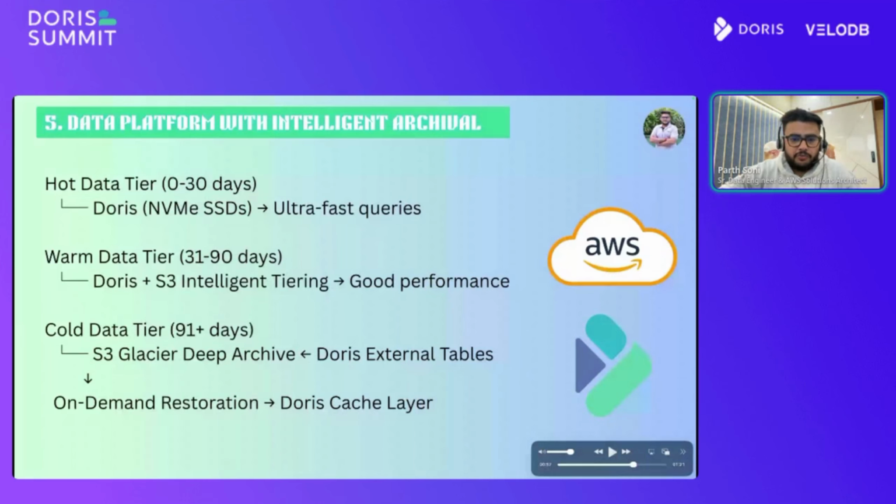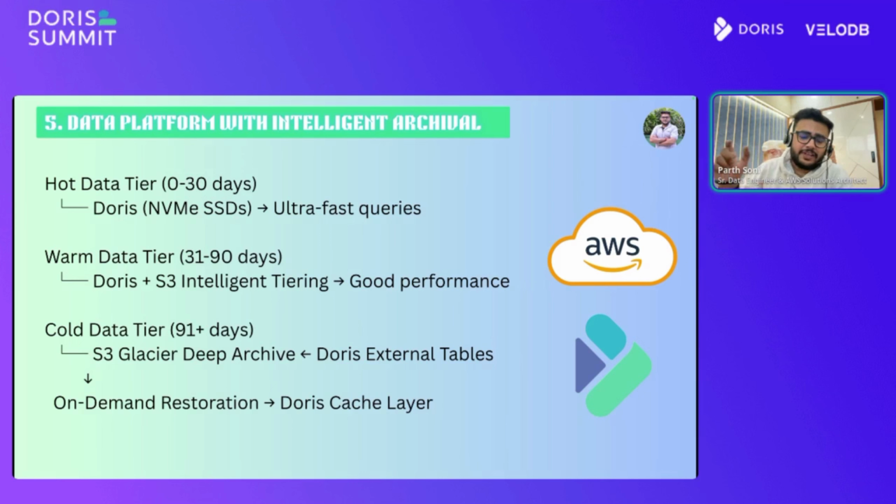Great. Jumping on to the fifth architecture. Here we have a data platform with intelligent archival, the cost optimized data platform with intelligent tiering. This one's for everyone who has ever been told data is an asset and thought, yeah, it's an expensive asset. So here's the reality. You built a data platform, it's beautiful, having everything in the hot tier for maximum performance.